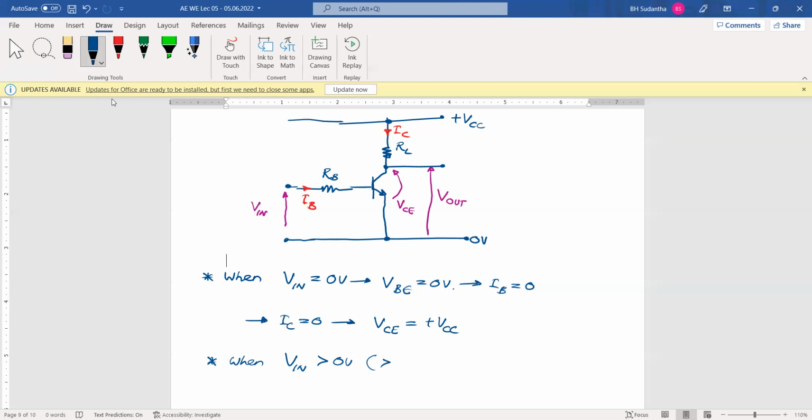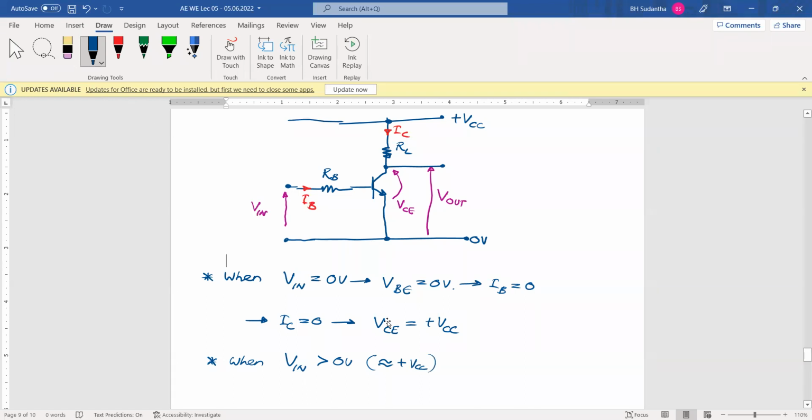For example, in this case, it is nearly equal to plus VCC, a higher voltage.